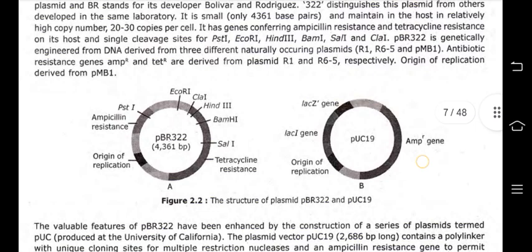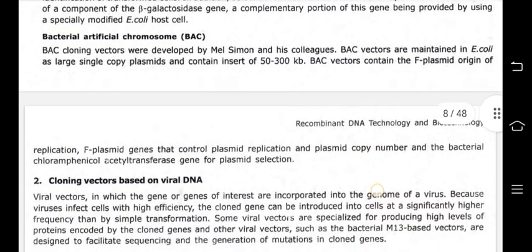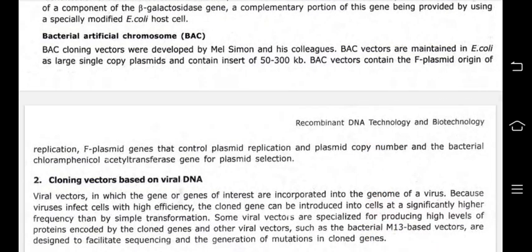In addition, selection for recombinants is achieved by insertional inactivation of a component of a beta-galactosidase gene, a complementary portion of this gene being provided by using a specific modified E. coli host cell.